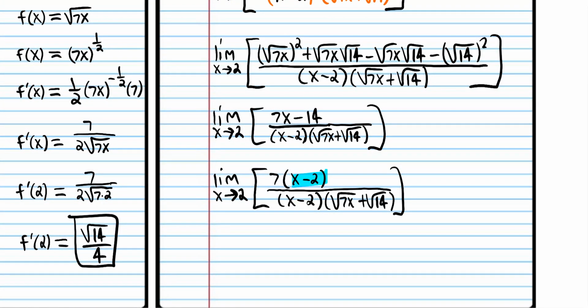So these x minus 2's are going to cancel out, and we're left with 7 over the square root of 7x plus the square root of 14.